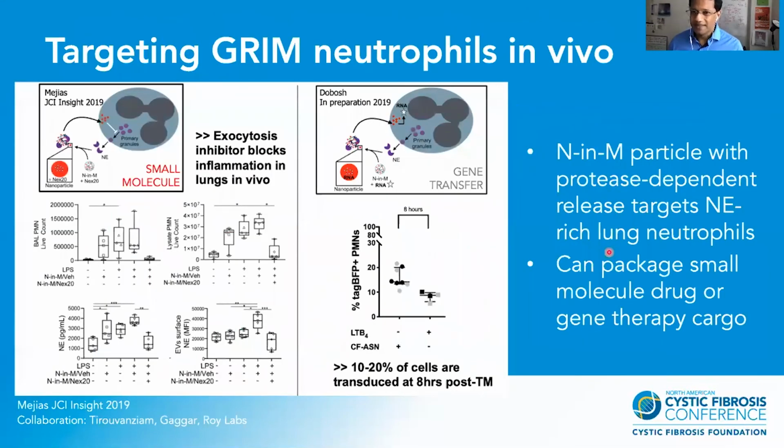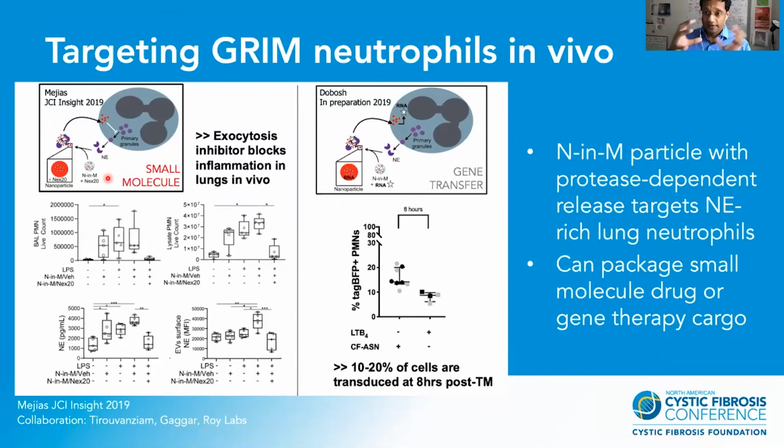How can we target these cells in vivo though, because they're in the middle of the airways? Can we find a way to bring a cargo, either a drug or a gene, directly to them? This is something we did with Amit Gagar at UAB and Chris Roy at Georgia Tech. The idea here is to weaponize the fact that neutrophils, the GRIMs, release elastase. So we can engineer microgels that have ropes around them that are elastase sensitive.